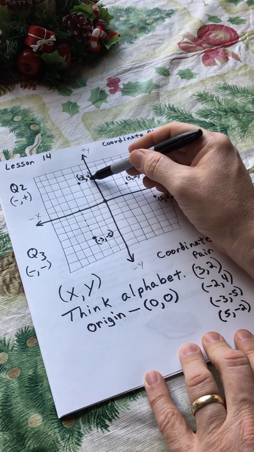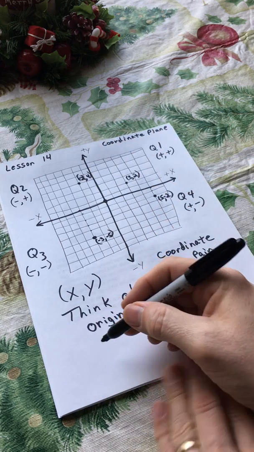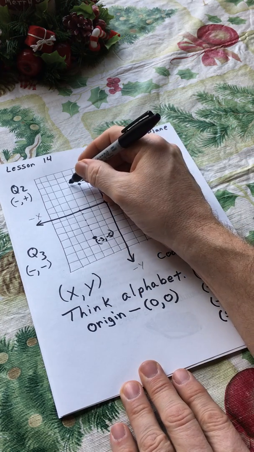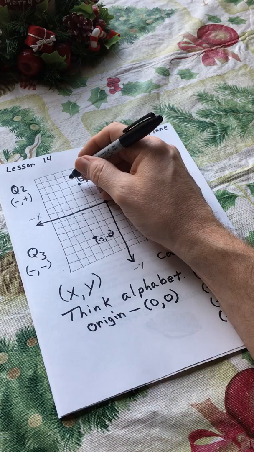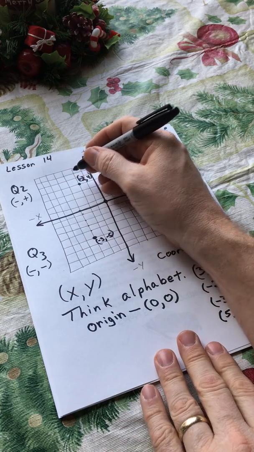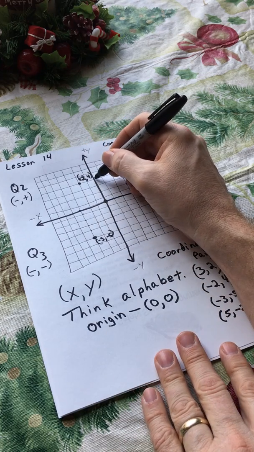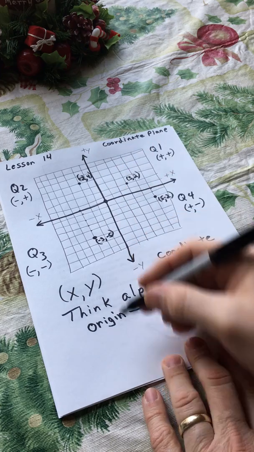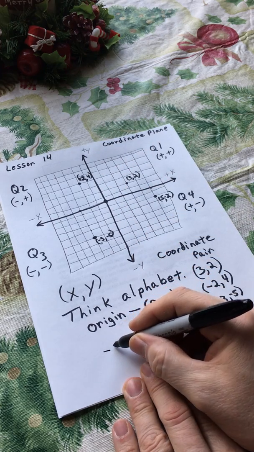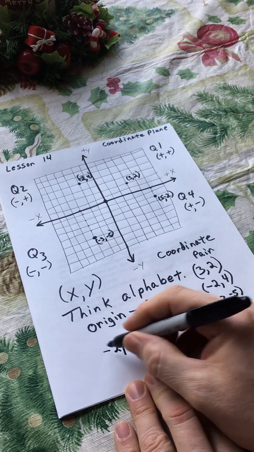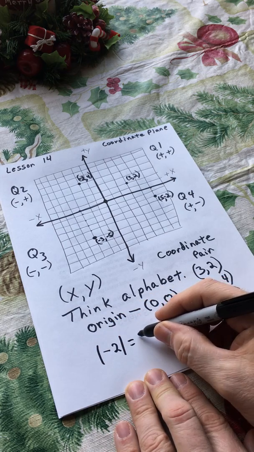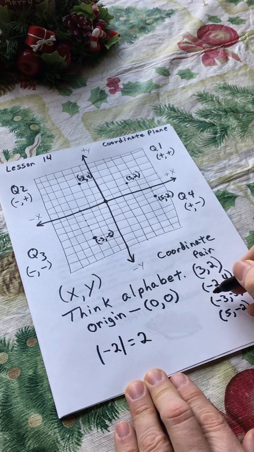Because we go back 1, 2. So the absolute value of the distance from here to the y-axis would be, in other words, absolute value of -2. That's going to equal 2, right?